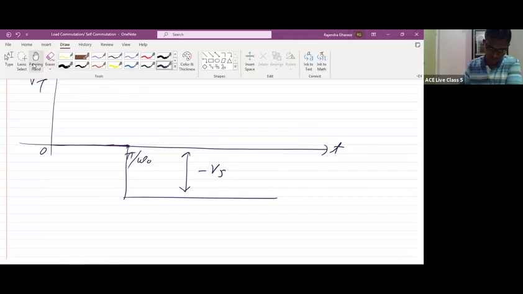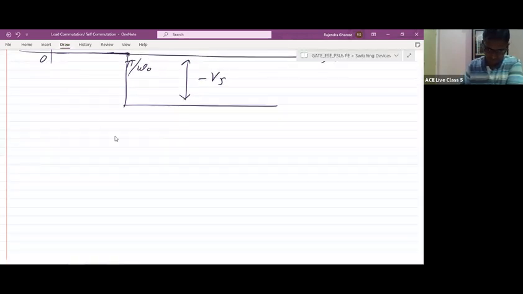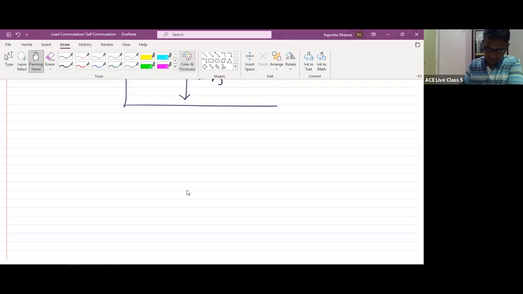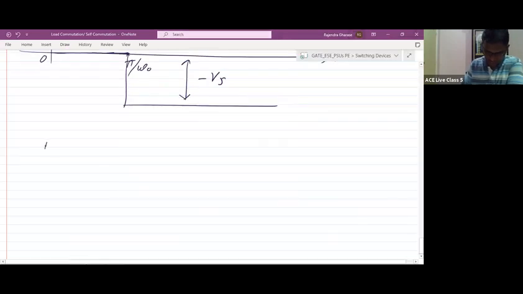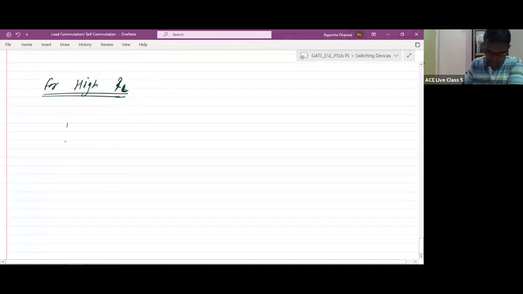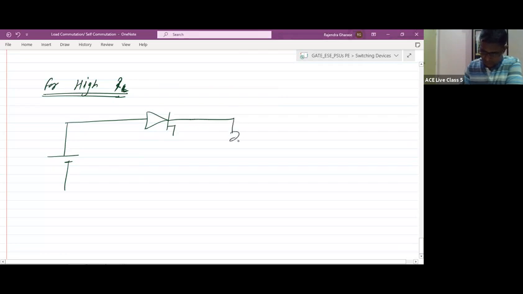For a high value of RL, the circuit is like this. Thyristor, same inductor is here.